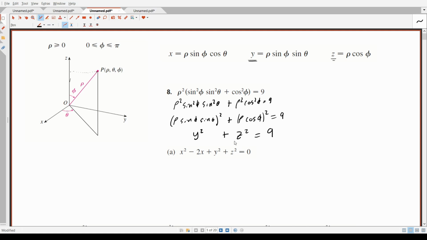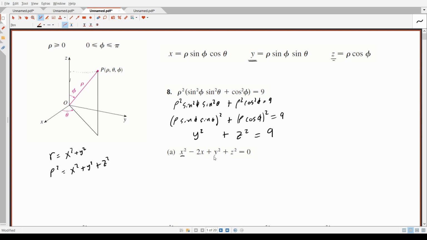Now we can also go the other way around. Just like in polar coordinates, we had r squared equals x squared plus y squared, in spherical coordinates we have rho squared equals x squared plus y squared plus z squared. So it's just the 3D analog. I'm going to use that here.